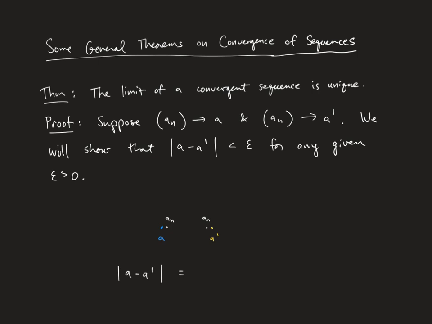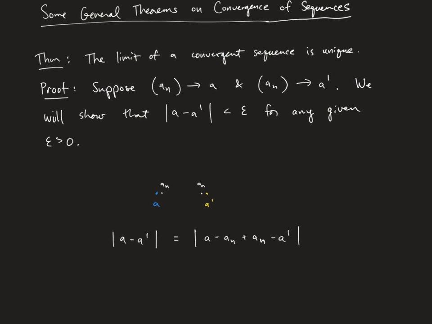So A minus A prime is equal to, it's just a little algebra trick which is very common, we can look at A minus A_n and then add back the A_n, right? This is just add and subtract the same thing. You don't actually change anything. And now we see we've put A_n in the middle here. So now we're going to compare A and A_n and A prime.